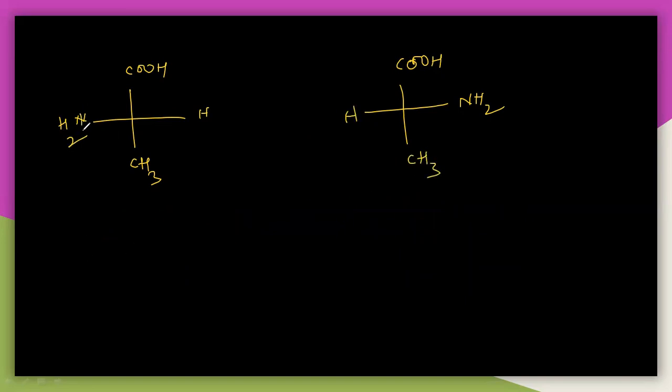And see here the more electronegative group, this is the chiral carbon here, and this is the chiral carbon here. Four different groups are attached to this carbon, hence it is a chiral carbon. And here the NH2 is on the left side, here the NH2 is on the right side. So this is actually called D-alanine, and this is L-alanine.